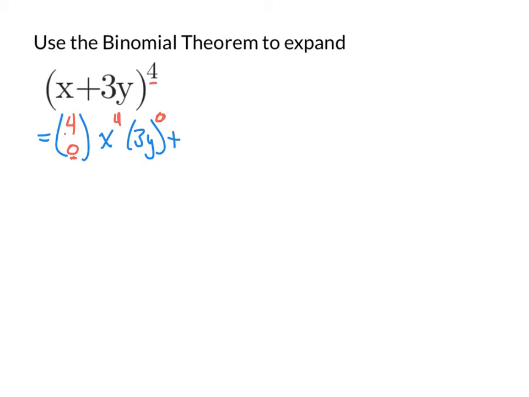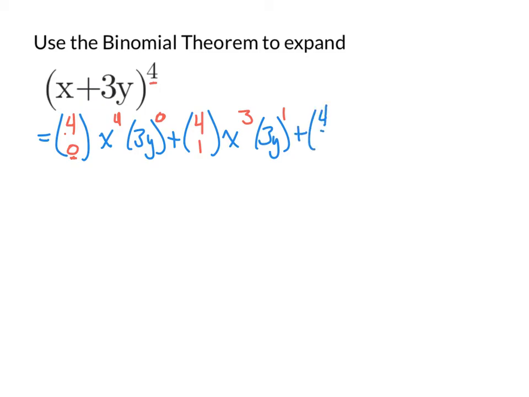Now we move on to the next term. It's going to start with a coefficient, x to a power, 3y to a power. 4 is always on top. But now we're on to the next term, so instead of 0, it's going to be 1, meaning 3y is to the first and x is to the third, because 1 plus 3 is 4. And we continue this pattern all the way through.